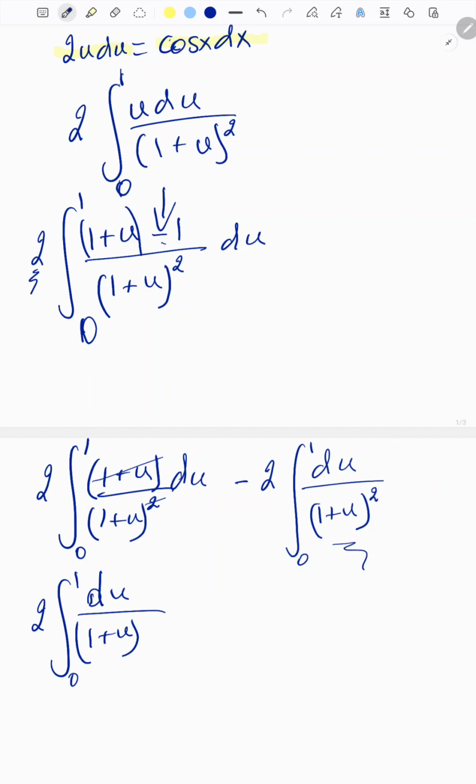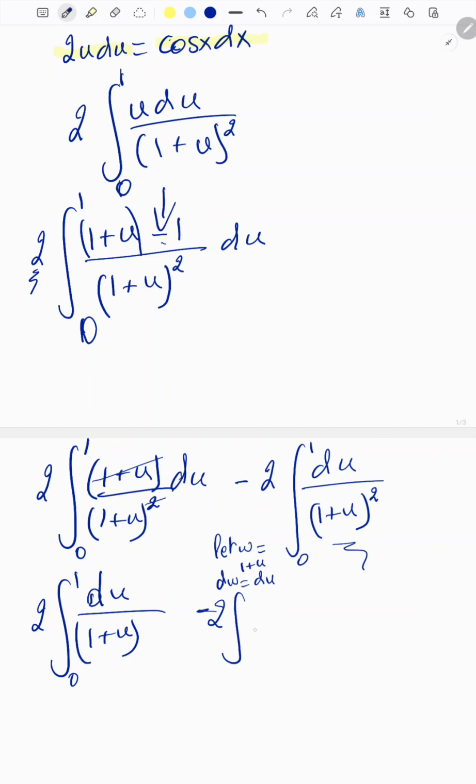And here in the second integral, I can say let w, let's write it somewhere else. I can say here, let w equal 1 plus u. So my dw becomes my du, and I can replace that integral minus 2.